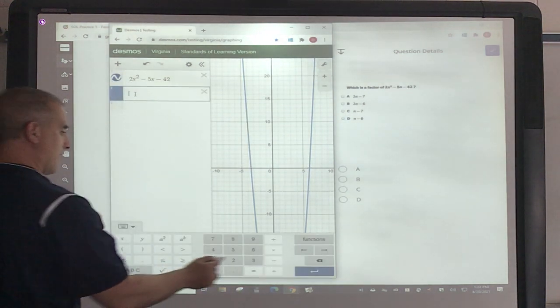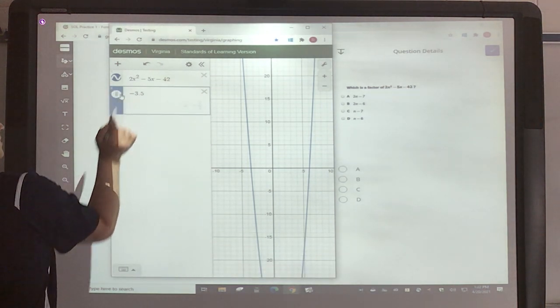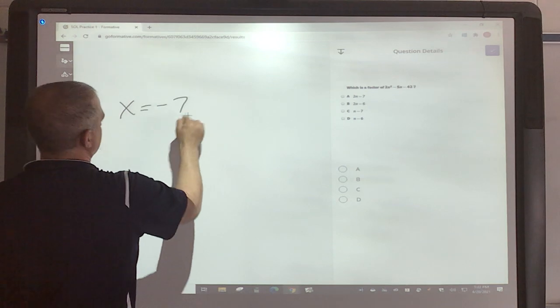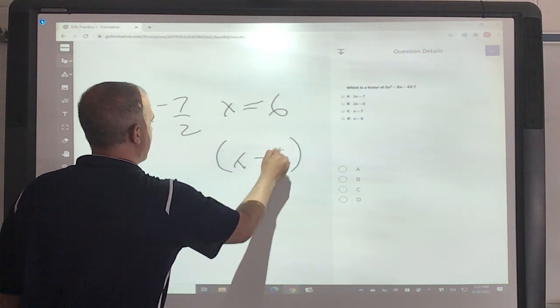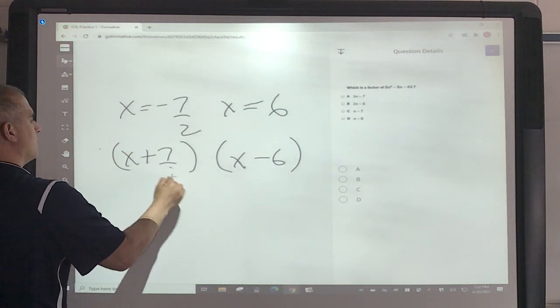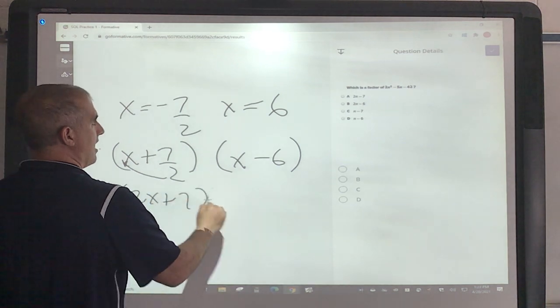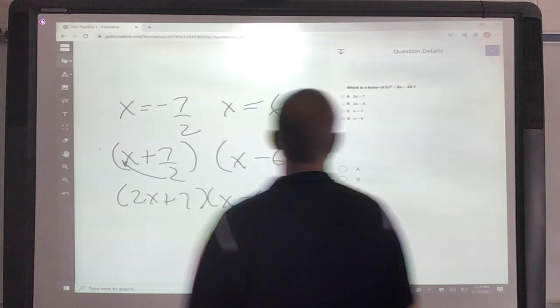Negative 3.5 as a fraction is negative 7 over 2, and 6. So what would those be as factors? That'd be x minus 6 and x plus 7 over 2. And remember, we moved that 2 up front, so 2x plus 7, x minus 6. So the closest thing to that would be letter D.